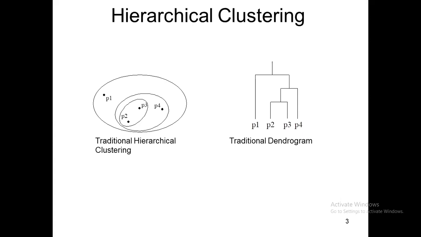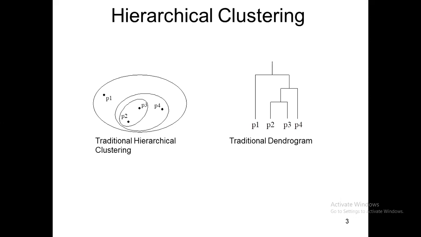So the choice of these parameters can affect the resulting clusters. In practice, agglomerative hierarchical clustering is widely used due to its simplicity and interpretability. So traditional hierarchical clustering is divided into two types that I already discussed: agglomerative hierarchical clustering and divisive hierarchical clustering.